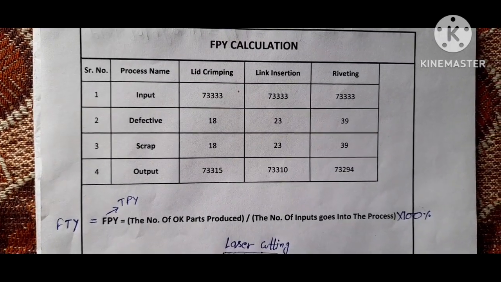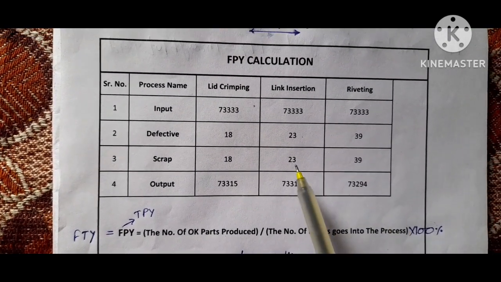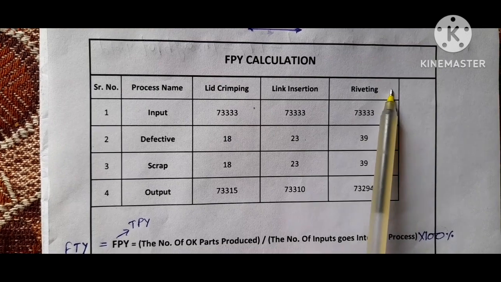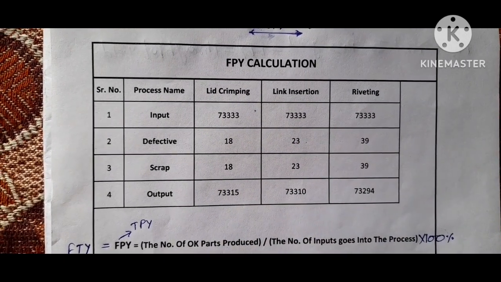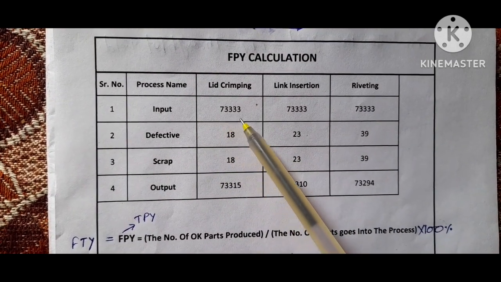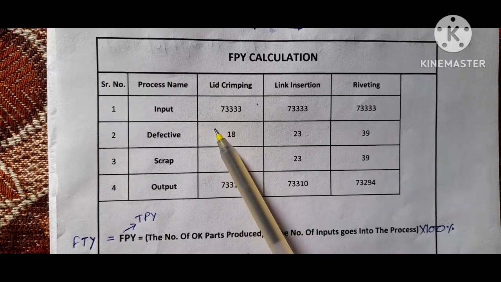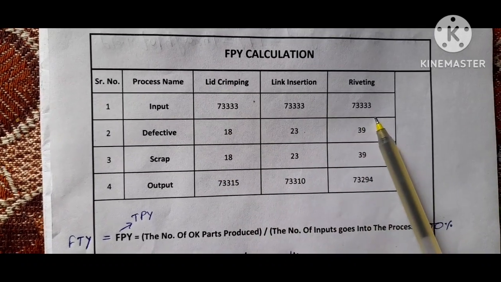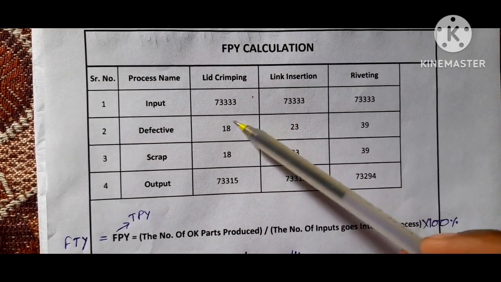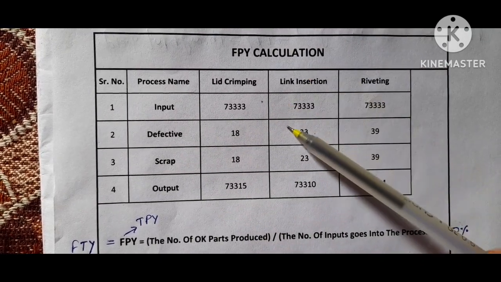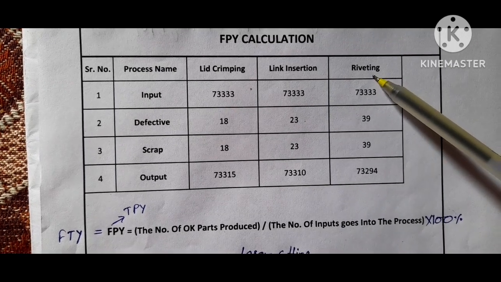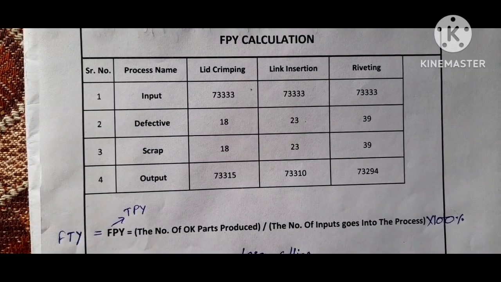Now the practical application of this formula is here. An assembly line has three processes: lead crimping, link insertion and riveting. The input parts are 74,3xx, which go through lead crimping, link insertion as well as riveting. In lead crimping 18 parts are defective, in link insertion 23 parts are defective, and in riveting 39 parts get rejected.